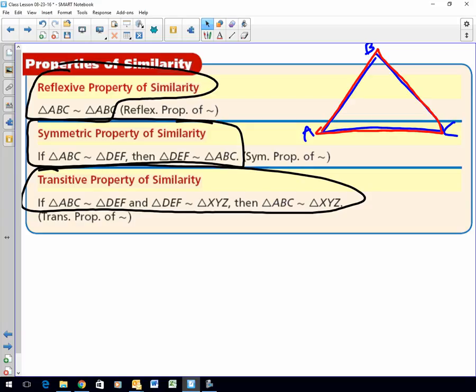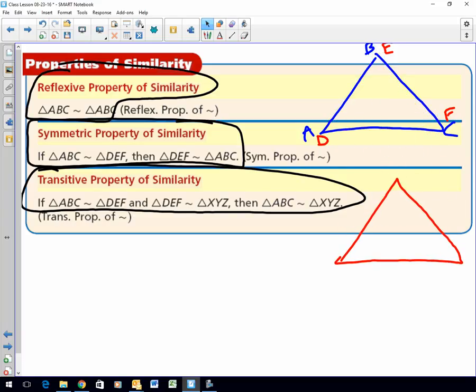The symmetric property is very similar to what I just wrote. I've got triangle ABC in blue. Now I have triangle DEF in red. ABC is similar to DEF. DEF is similar to ABC.